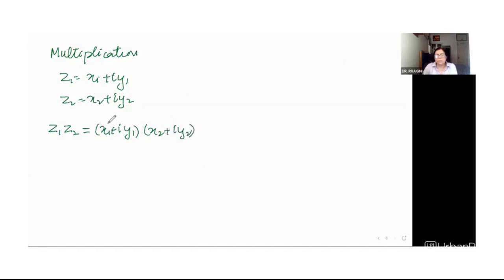Now multiply, here you have to multiply every term with every term in the two brackets. x1 times x2, that is x1 x2, plus x1 y2 iota. Then we have iota times x2 y1. Then iota times iota is iota square y1 y2.